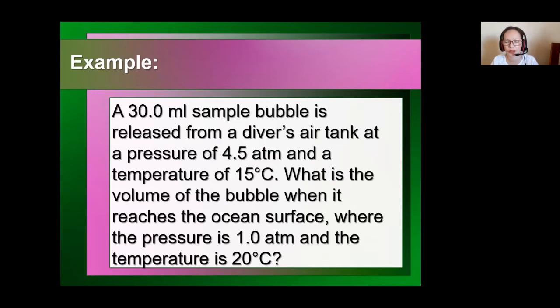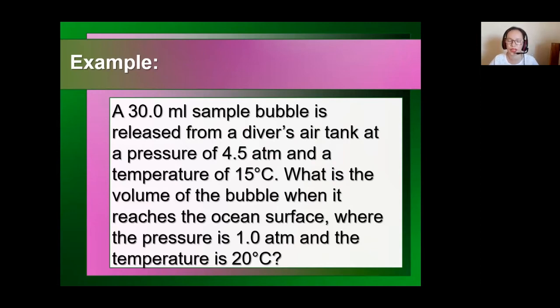We know that in the ocean, the temperature and pressure on the surface and below are different. Let's see the changes in the volume of the bubble if it is brought to the surface.